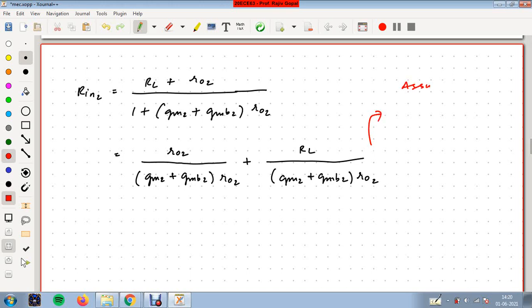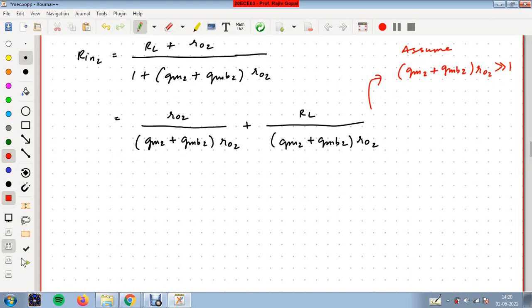So the assumption here is, assume GM2 plus GMB2 into R02 is very much greater than 1. Then you can ignore that one.